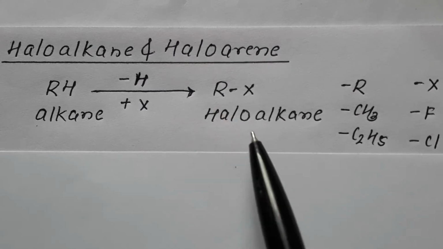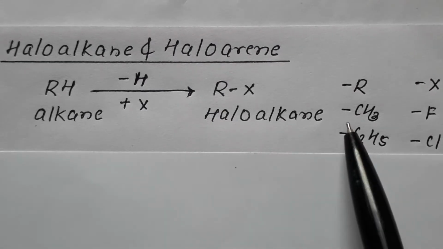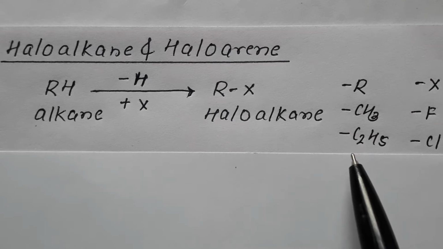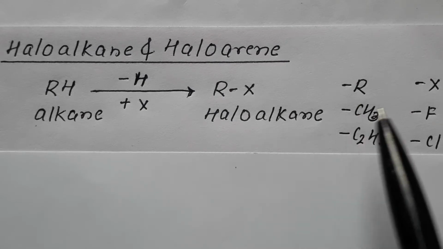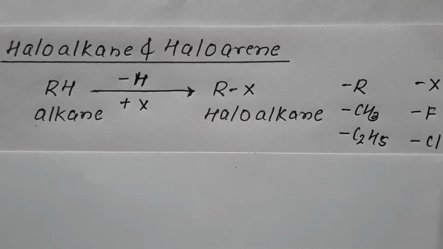In this RX haloalkane, this R could be methyl, ethyl, propyl, butyl. This halo can be fluoro, chloro, bromo, iodo.